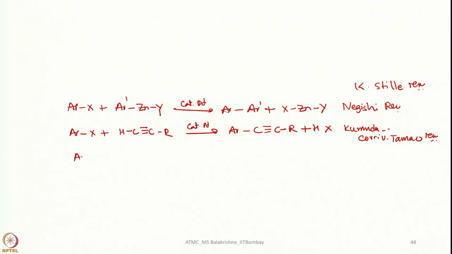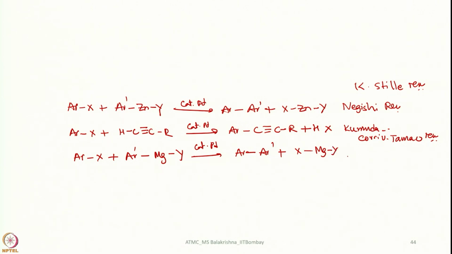And a couple of other reactions I would write quickly. So, reaction of an alkyl halide with Grignard reagent is called Kumada.